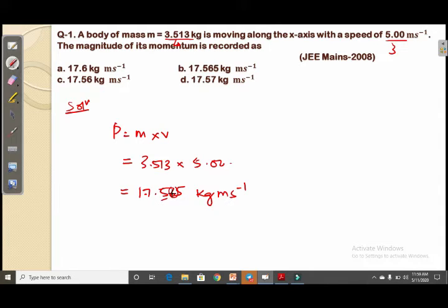Here 6 is greater than 5, so we consider 5 as 6. The result is 17.6 kg meter per second. This is the final answer. Comparing with the options, option A matches, so option A is the correct option.